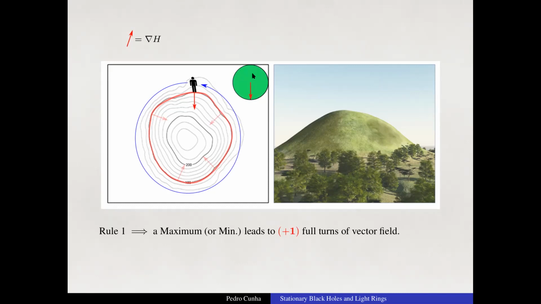However, if you look at the integrated angle, it does not vanish. The vector has made one full turn in the positive direction. And this number does not depend on the exact path around the hill, as long as the hilltop is contained within the path. So we can then write our first rule, that a maximum, or a minimum for that matter, leads to one positive full rotation of the gradient vector.